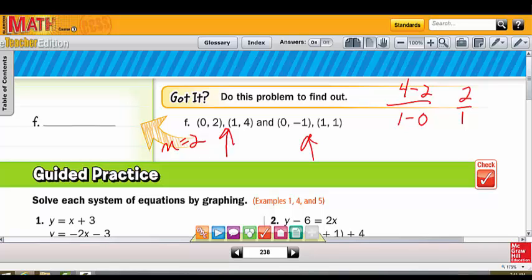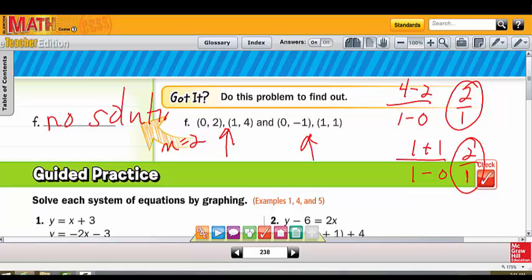It's 1 minus negative 1, which is plus 1, over 1 minus 0. So we have 2 over 1. So immediately we have the same slope, and as long as the lines have the same slope, we do not even need to find equations, because as long as they both have the same slope, there is no solution.